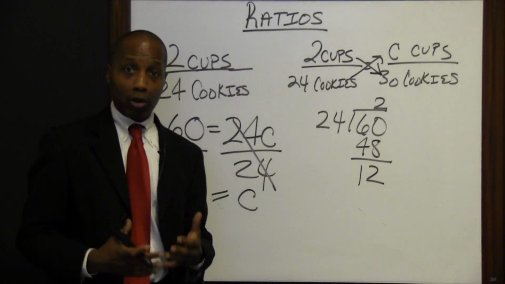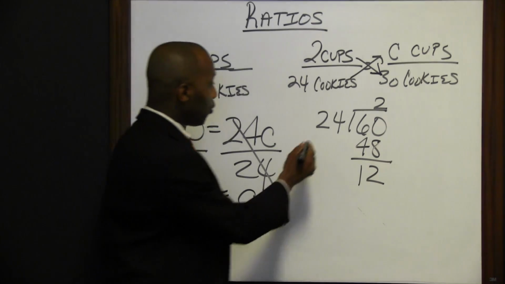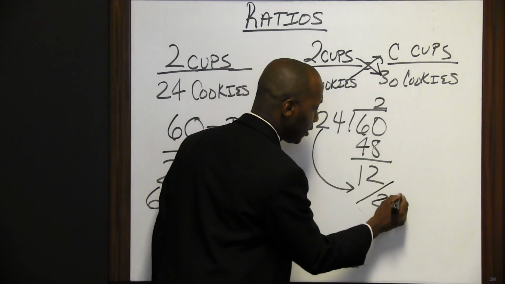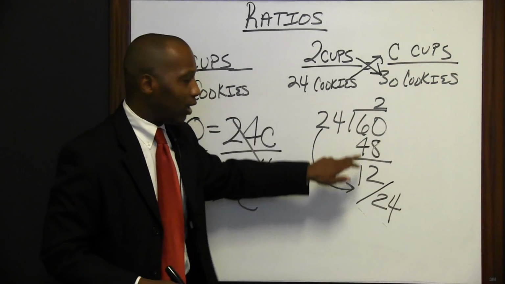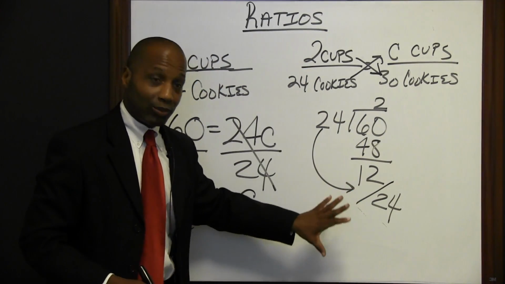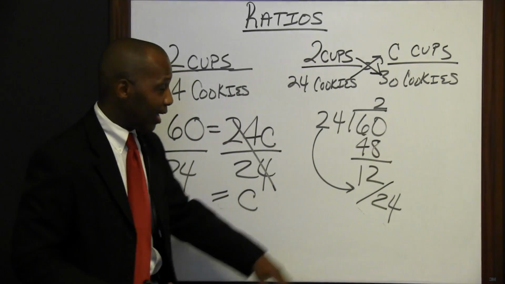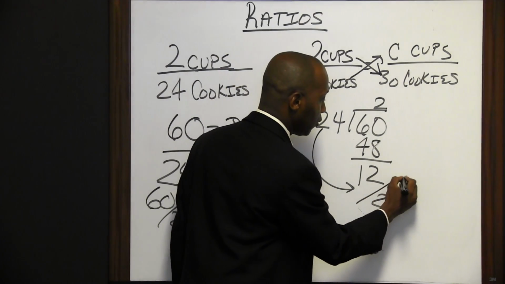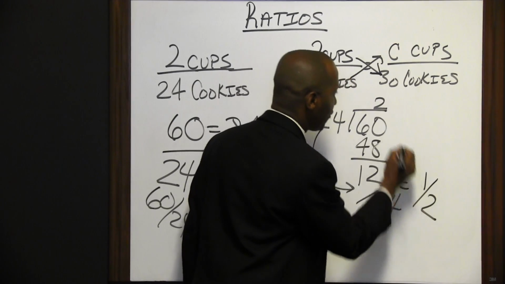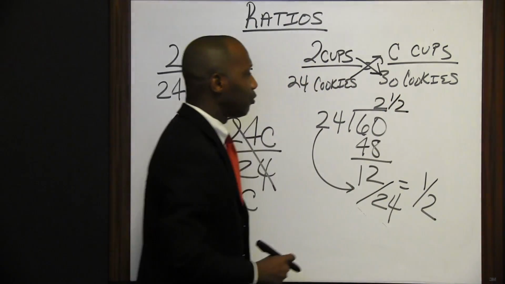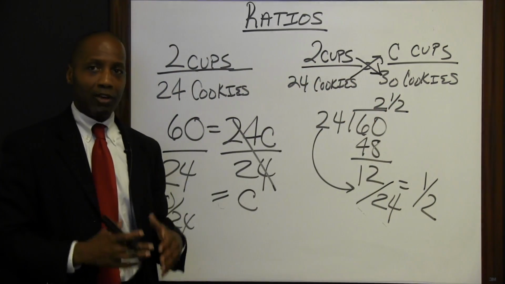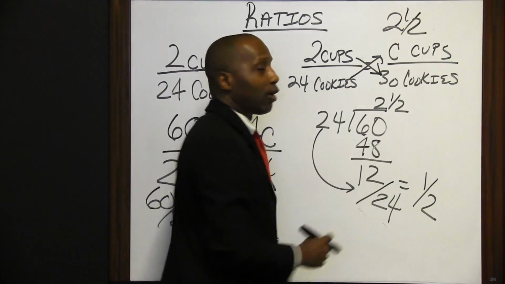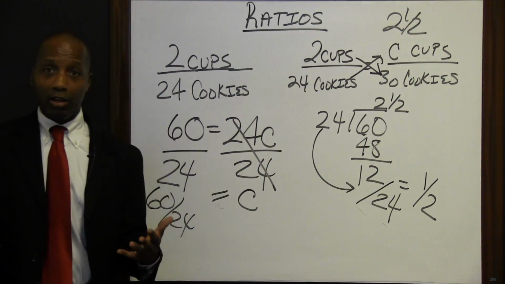Now, of course, this is going to be a mixed fraction, so we bring the 24 down here to be the denominator. That's 2 and 12/24ths. We simplify this number because it can be simplified, and it comes out to 1/2. So our answer is 2 1/2 cups of sugar will be needed for 30 cookies.